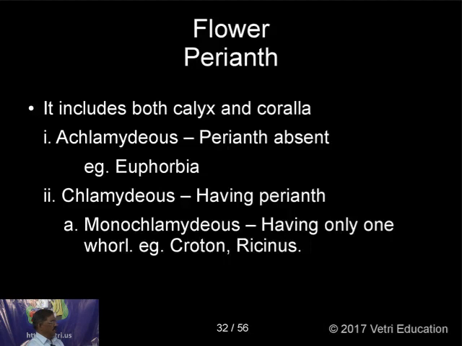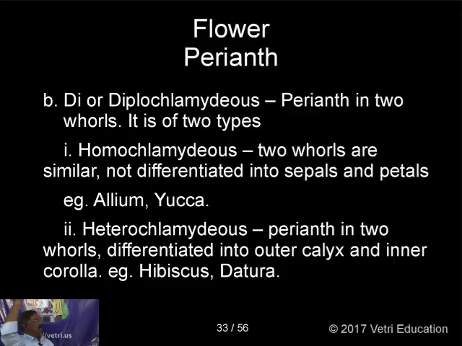The second one, chlamydeous, means having perianth. In this we have two types. Monochlamydeous, having only one whorl of perianth. Example, croton and ricinus. The second one, dichlamydeous or diplochlamydeous, both are correct, where the perianth is in two whorls.